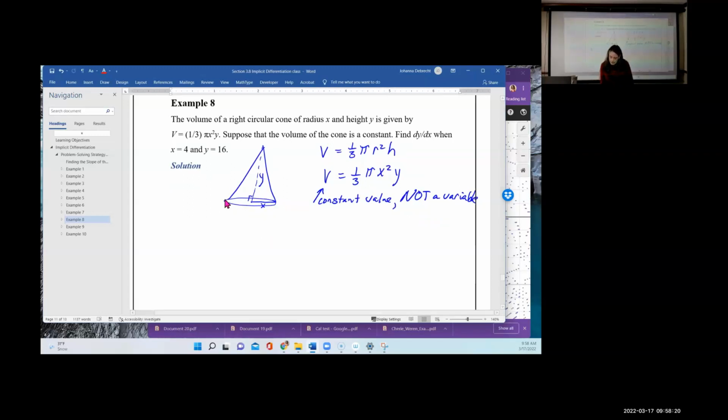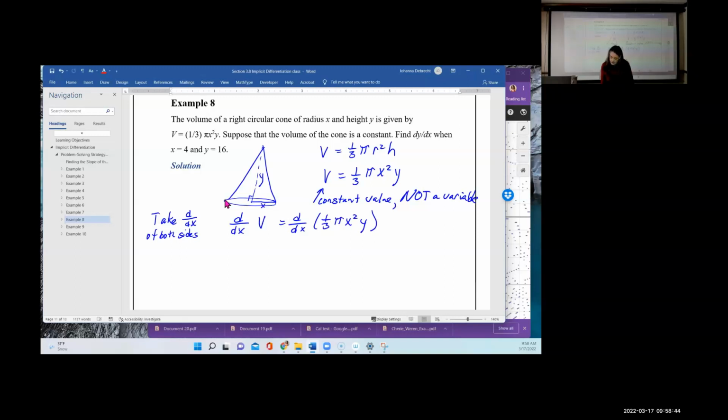So first we take the derivative of both sides of the equation with respect to x. So we're going to take the derivative of the volume, V, and then we're going to take the derivative of 1/3 pi x squared y.